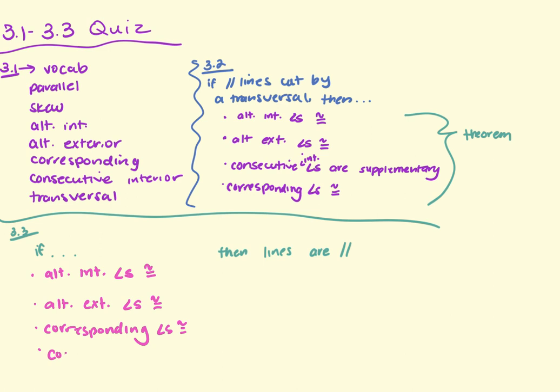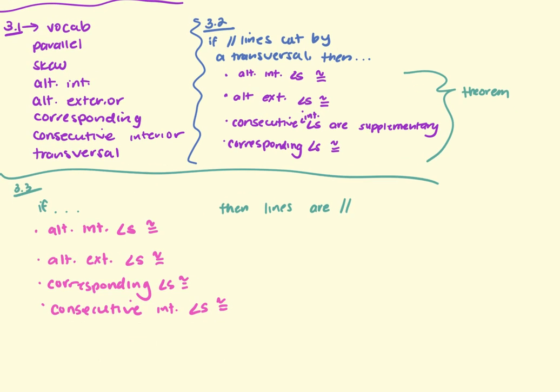If consecutive interior angles are supplementary. And this time we added one more, which is if two lines are parallel to the same line, then the lines are parallel. So all five, there were 5 ways to prove that lines are parallel.